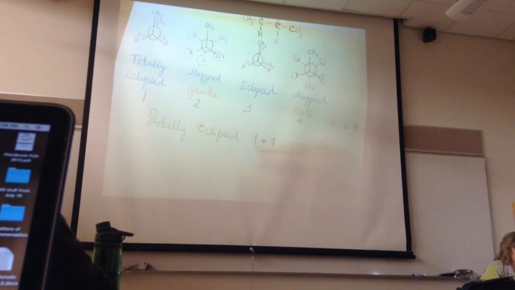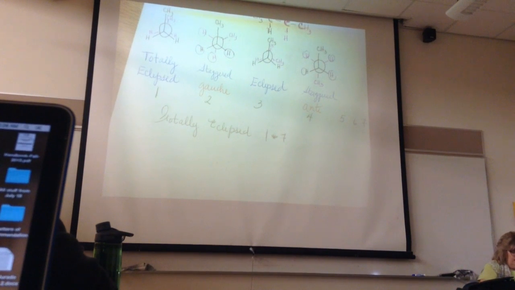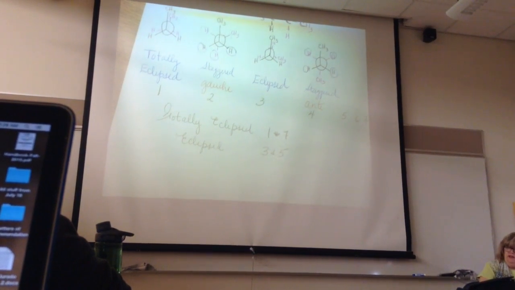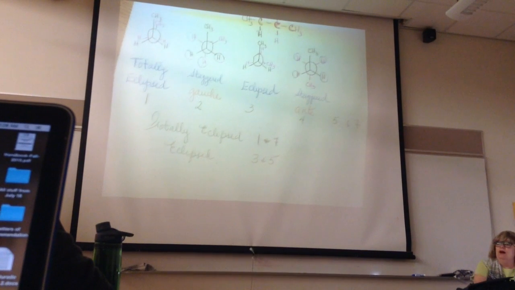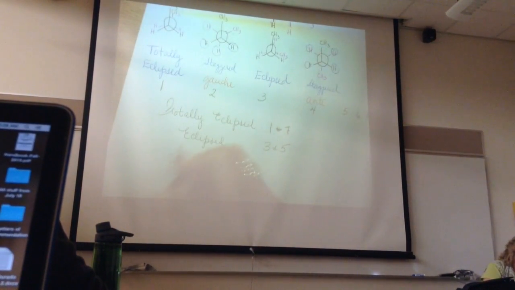I'm helping you for the discussion packet. What follows? Eclipsed are 3 and 5, that is correct. Staggered, are they all the same? Are any staggers equal in energy? 2 and 6 are equal in energy.